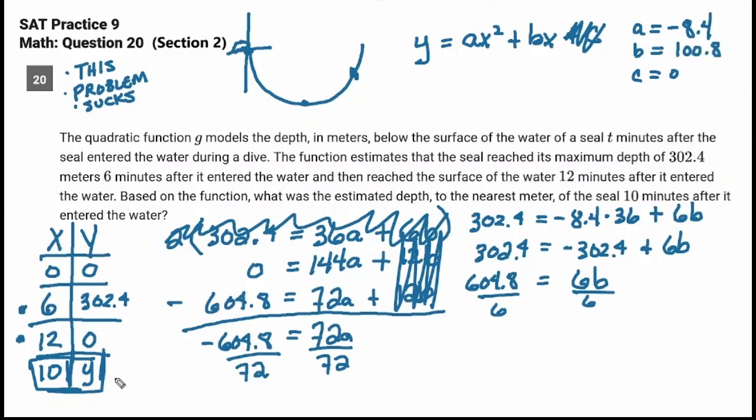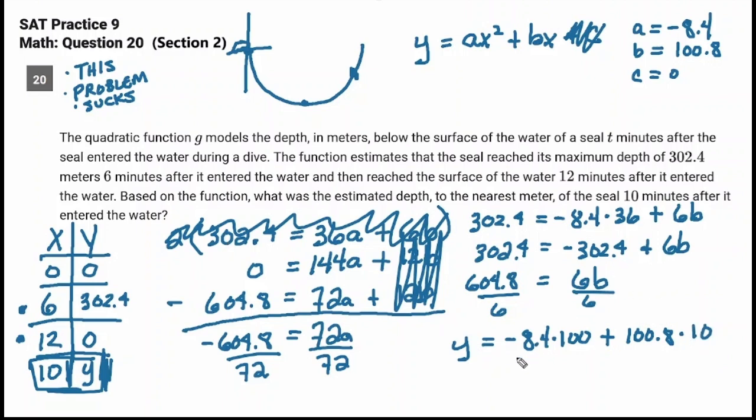Now I just need to do this right here and solve for y. y equals ax squared, so negative 8.4 times 10 squared, so times 100, plus b is 100.8 times x, which is 10.